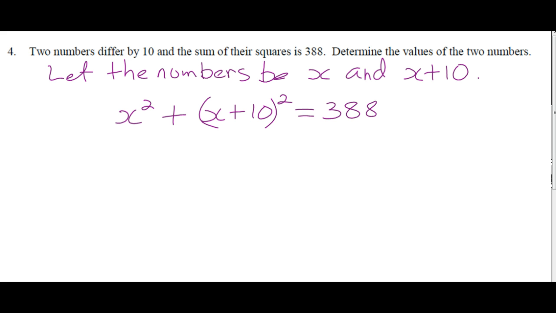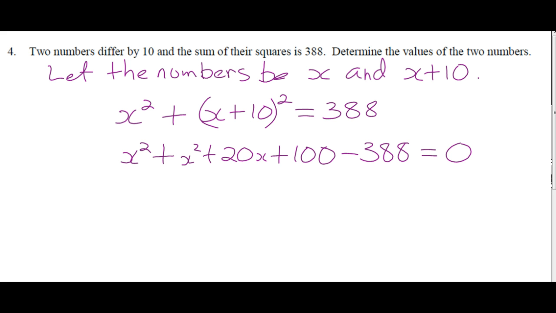Okay. So now you expand x squared plus, expand this. Get rid of the 388 from the right-hand side, move it over to the left where it changes sides, then it changes signs. Collect everything together.